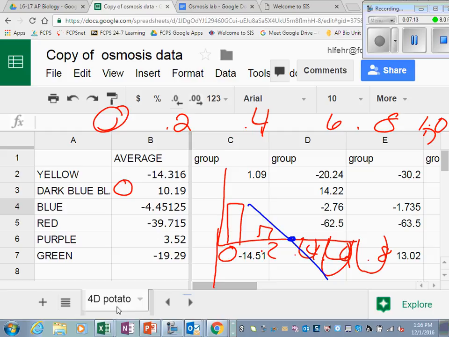Now, your numbers may be different from mine. Don't just copy this down. You can graph it and determine your line of best fit, wherever it crosses 0. Why would that be the molarity of the potato? Because it's not changing its weight, which means it was isotonic to the environment. Does that make sense? Yes?